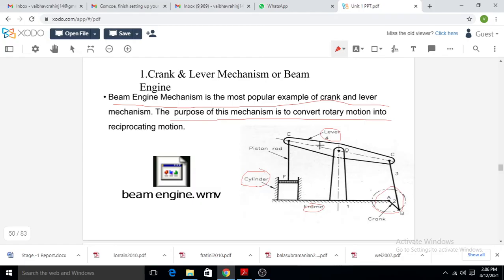Link number 4, the lever, is connected to the piston rod, and this piston rod reciprocates in the cylinder.